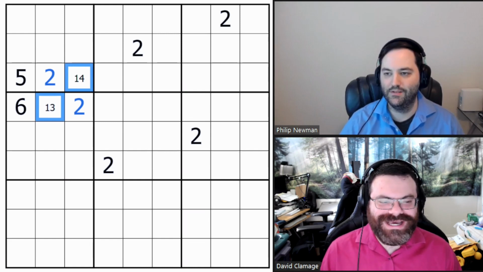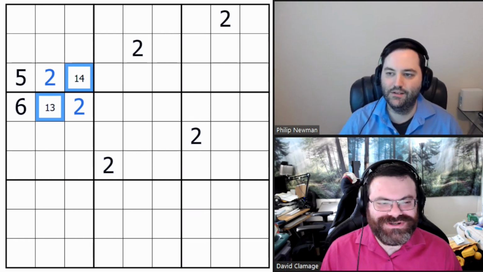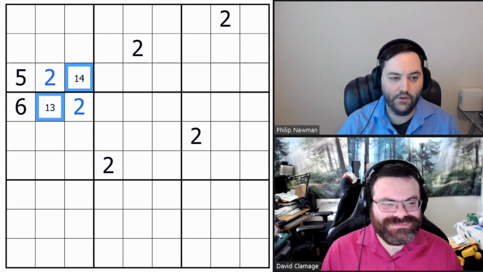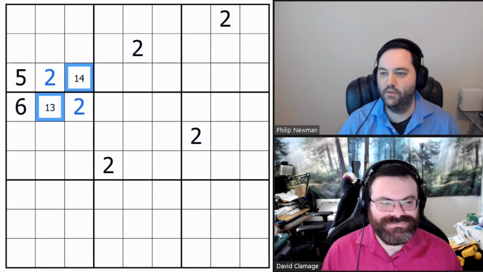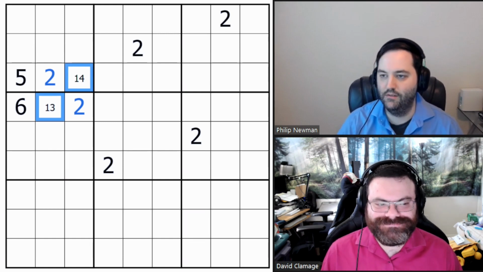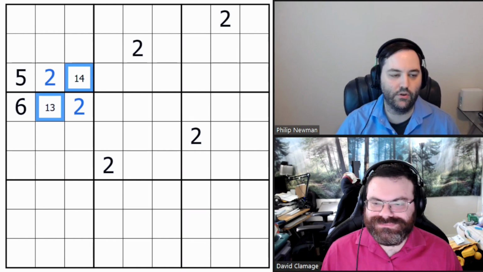So you could do some sort of AIC that used that strong link. It's like a uniqueness strong link. That's right. Interesting. You can have strong links out of uniqueness, and if you consider uniqueness valid, it's a valid strong link, and you can use it in any other context where you would use a strong link.